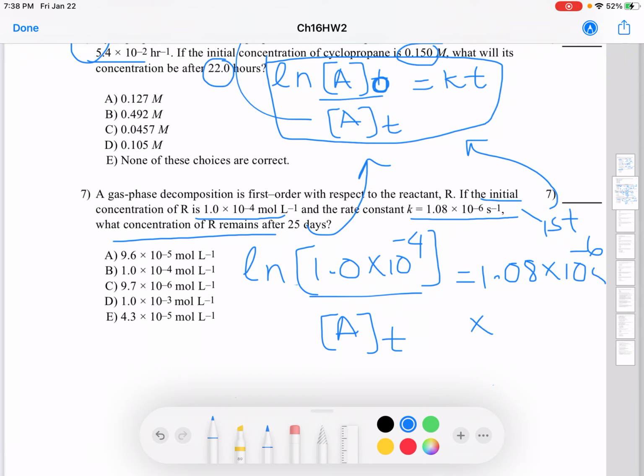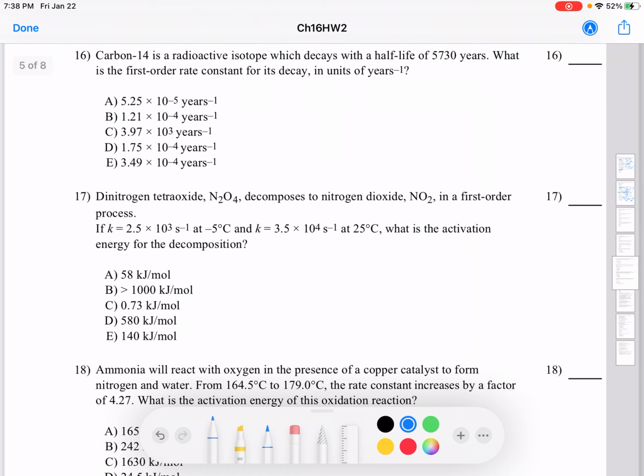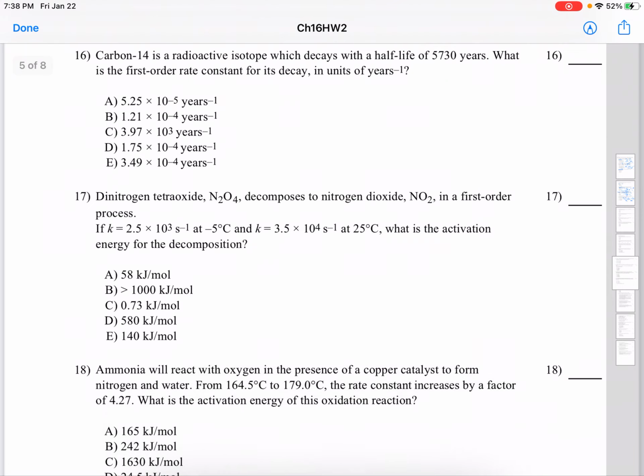Now this is given in per second and 25 days. Here you need to convert days to seconds to have the same units.